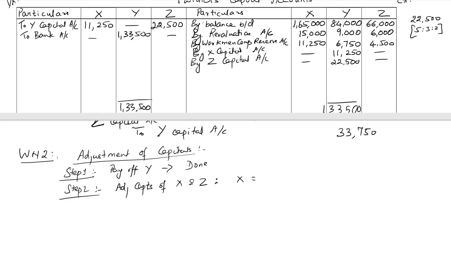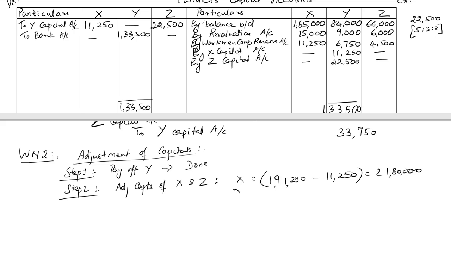In the case of X, the credit side total 1,91,250 minus the debit side total 11,250 rupees. The adjusted capital is 1,80,000 rupees.